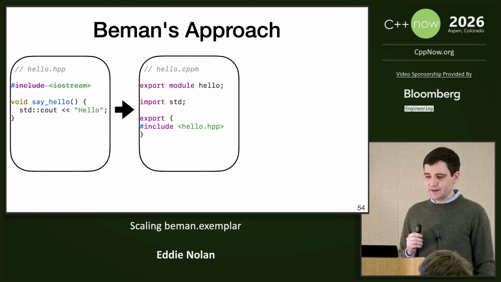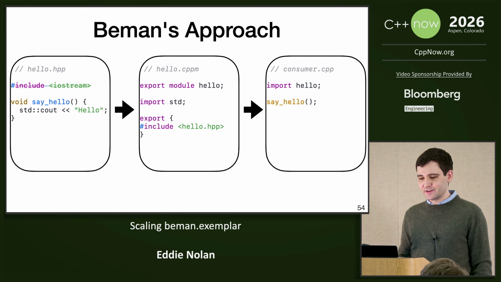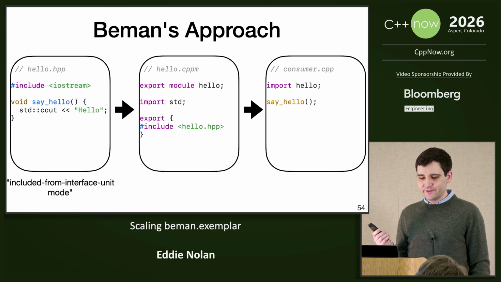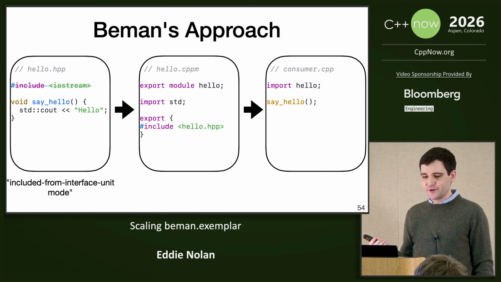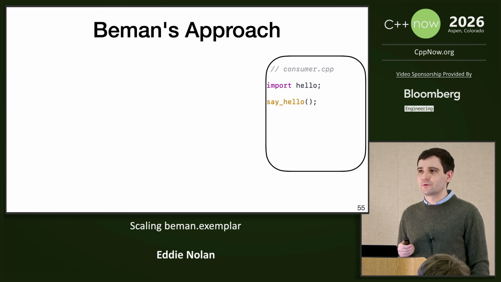And so now we can have our consumer import this module, and we're going to say that right now this hello.hpp file, because it's being used to implement this module, we're going to call this included from interface unit mode. And then if we look at the consumer, we notice that it's saying import hello, but it would be kind of nice if the consumer could just do the same thing whether or not it's bringing in the library as a module or a header.